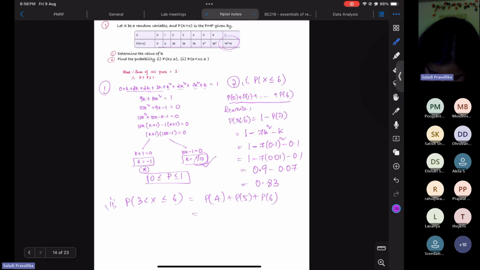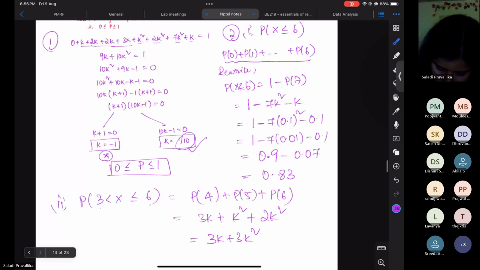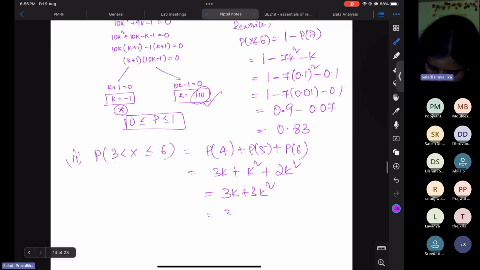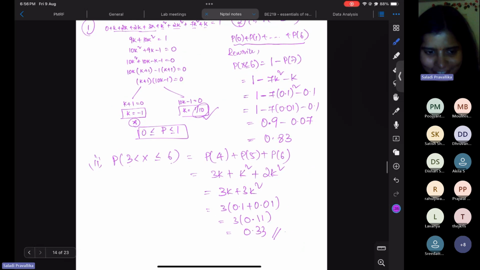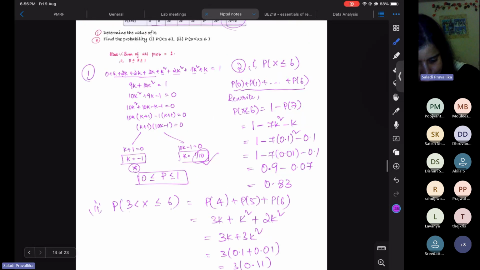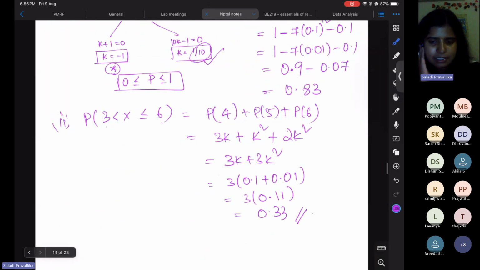What is P of 4? 3k plus 5 is k square plus 2k square: 3k plus 3k square. Okay, k is 0.1 and k square is 0.01. 3 into 0.11, 0.33. Okay, thank you for the confirmation. So is this one clear? The second part of it?